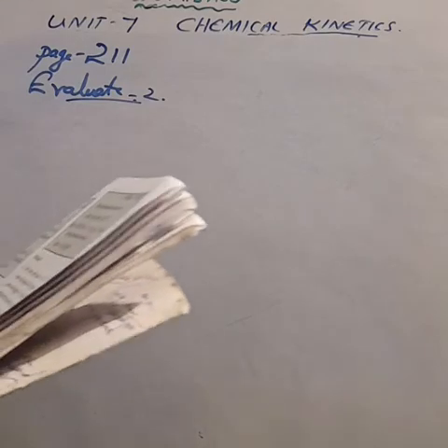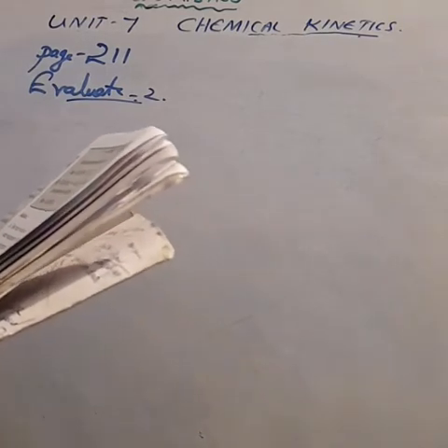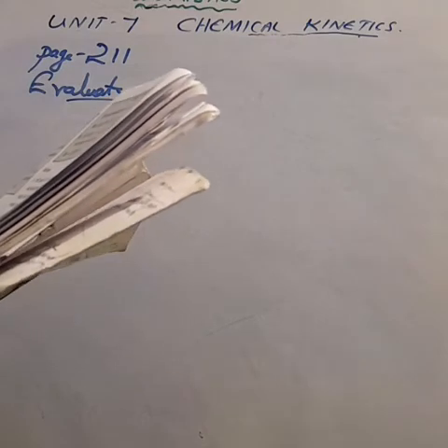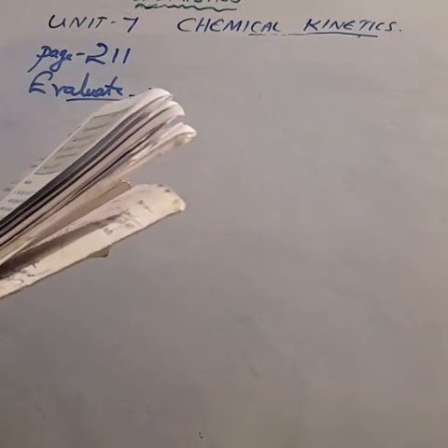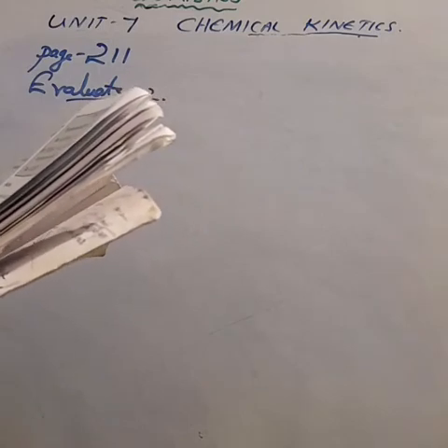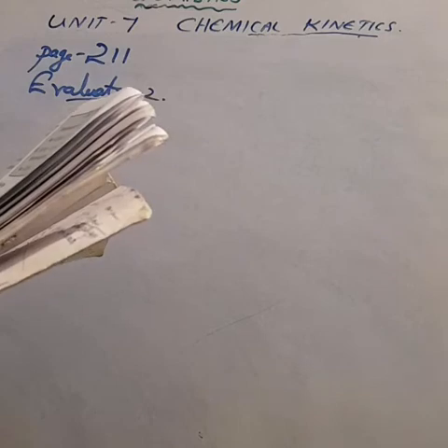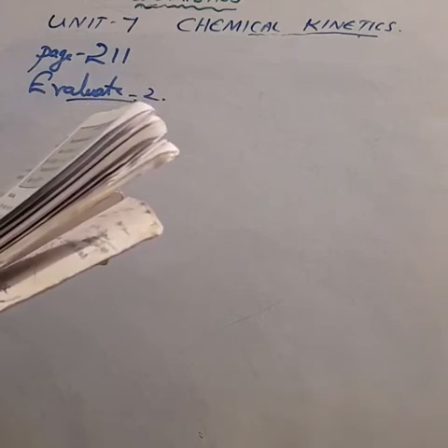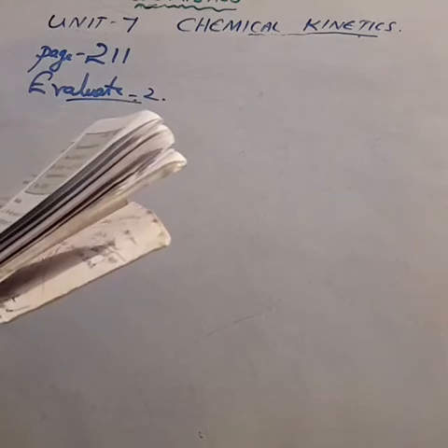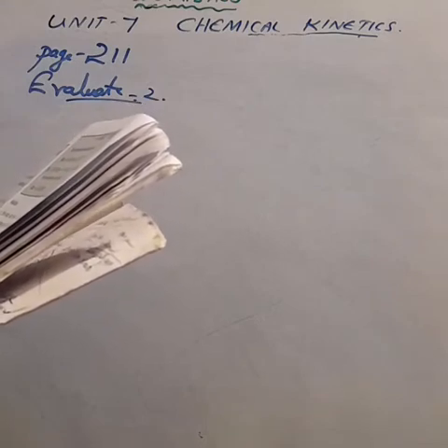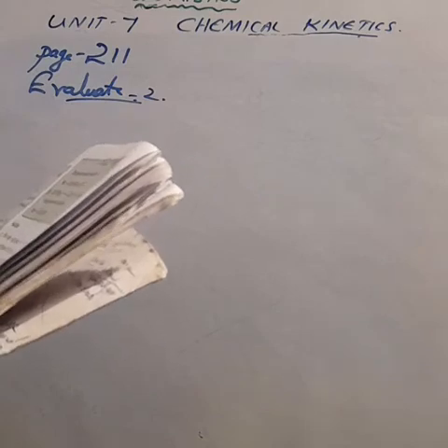Consider the decomposition of N2O5 gas to form NO2 gas and O2 gas. At a particular instant, N2O5 disappears at the rate of 2.5 into 10 raised to minus 2 mole dm raised to minus 3 second inverse. At what rates are NO2 and O2 formed? What is the rate of the reaction?